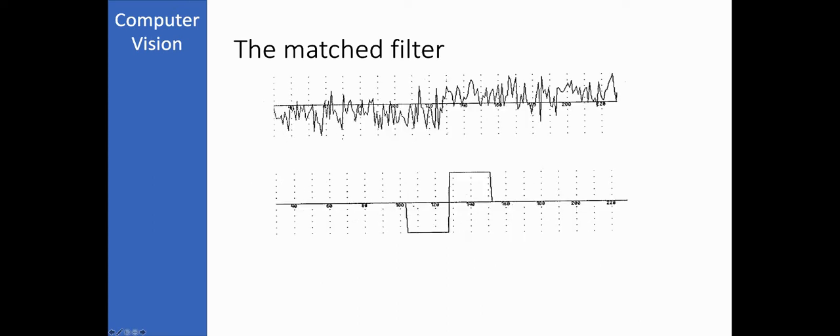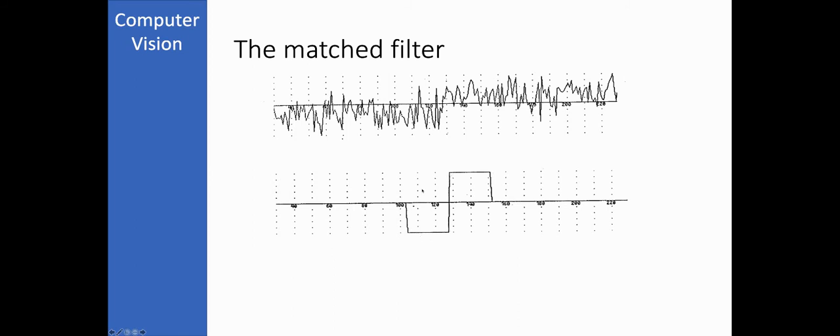So given a profile like this, you can see that it's quite noisy. You can observe that here, most of the values are negative, here, most of the values are positive. But it's quite difficult to detect the edge around this point. Now, the ideal matched filter looks something like this. Notice that this is the profile that we were always playing with.